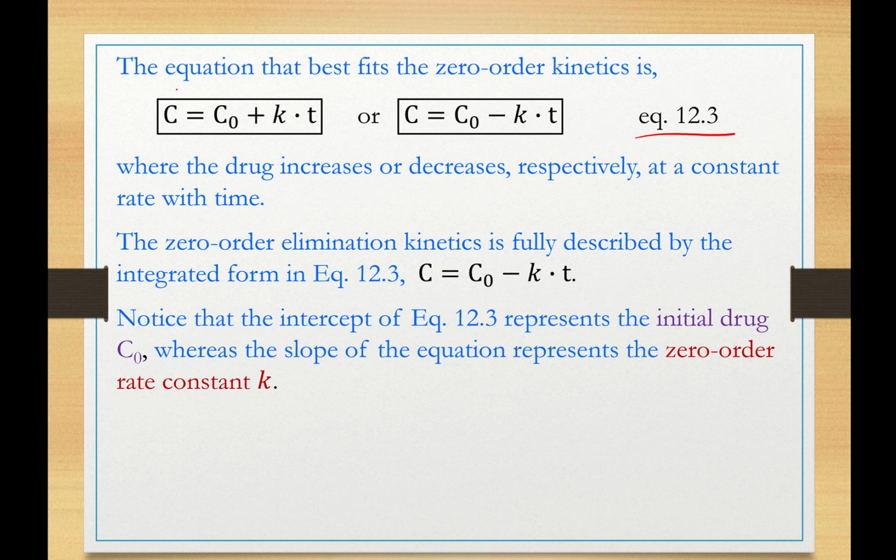If it is an increasing process, C equals C0 plus kt. Now, for the purposes of our lecture here in this chapter, we're only going to be dealing with elimination processes. But now we need to explain the symbols too. So this C here is the concentration remaining. So drug concentration remaining, okay?